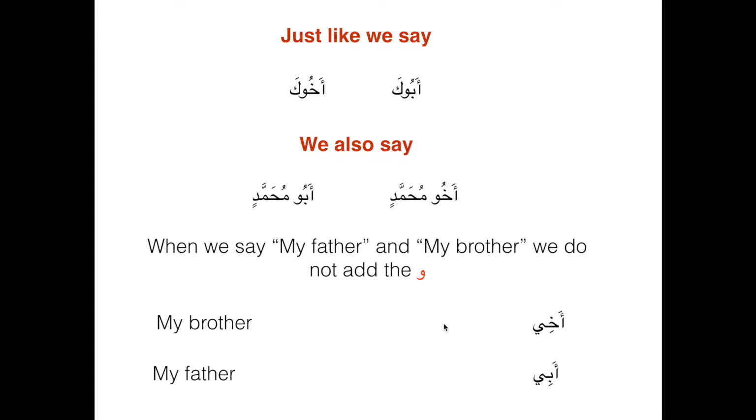But for the same words, when we say my brother, my father, the waw is not there. We only have the ya. You can say abuka, akhuka, abuha, abuhum, but when you say abi or akhi, that waw is dropped. We only have a ya. That's the only exception over there.